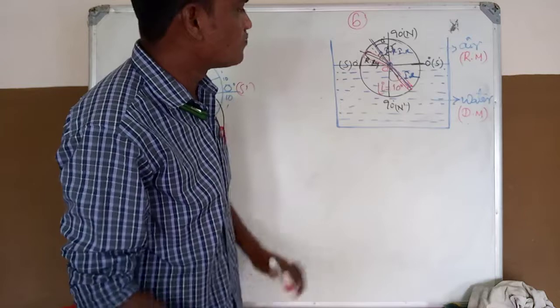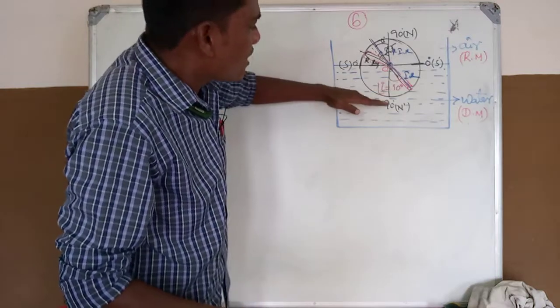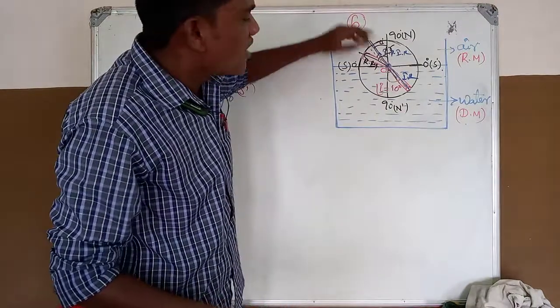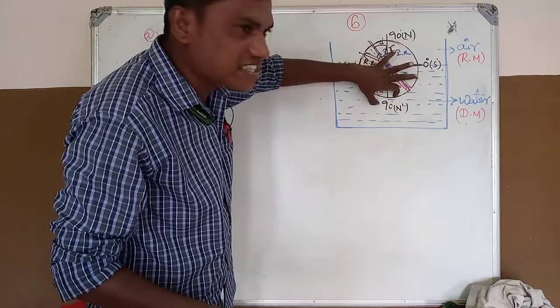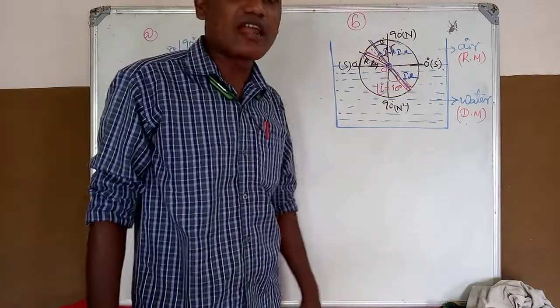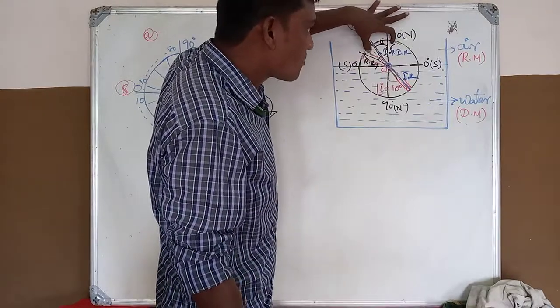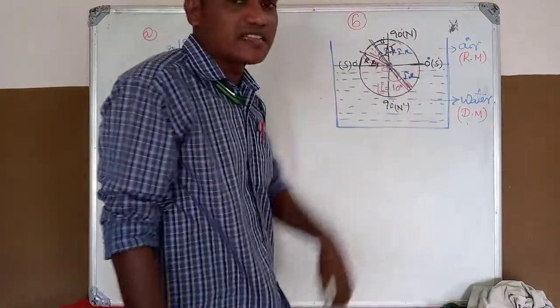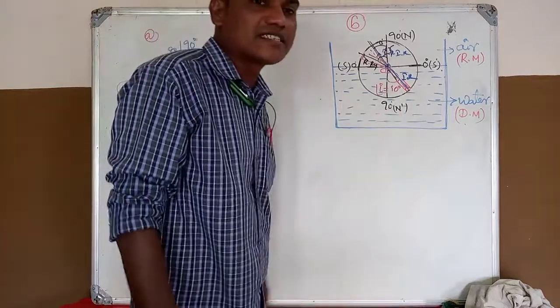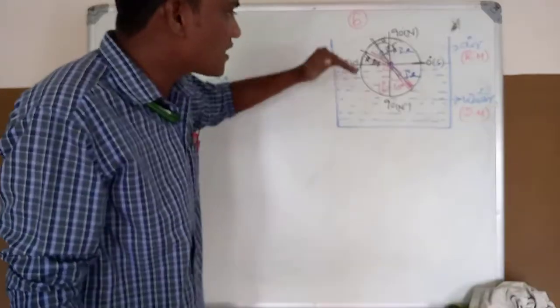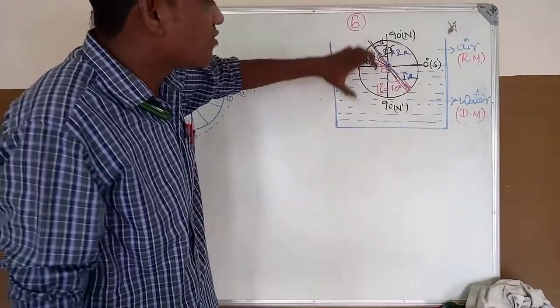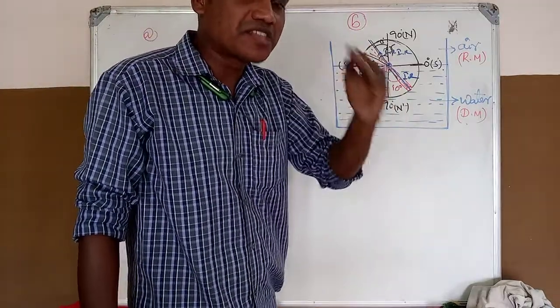So we observe that when light travels from denser medium to rarer medium, the angle of incidence in the denser medium is lesser than the angle of refraction in the rarer medium, or the angle of refraction in the rarer medium is always greater than the angle of incidence in the denser medium. After that, we can repeat the same experiment for various angles of incidence: 20, 30, 40.